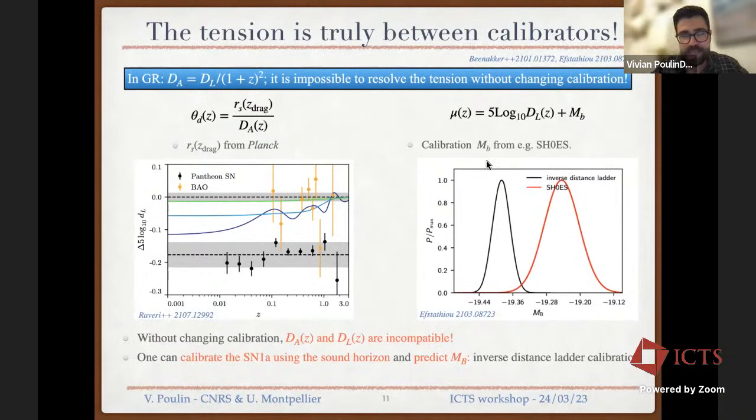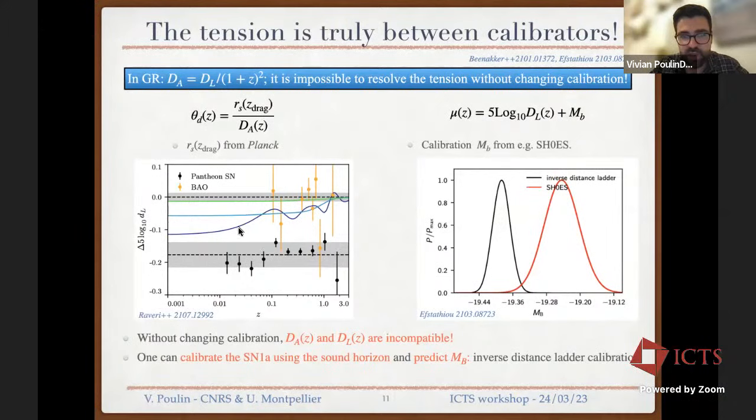And you see that regardless of whatever freedom you're going to give to the expansion history, nothing is going to change that fact. So what you can do is, given the sound horizon from Planck and the intrinsic magnitude from SH0ES, simply plot the luminosity distance measured by both BAO and supernovae. And you can see that they are in disagreement. The supernovae are here, the BAO are here.